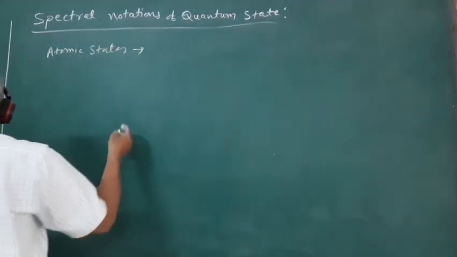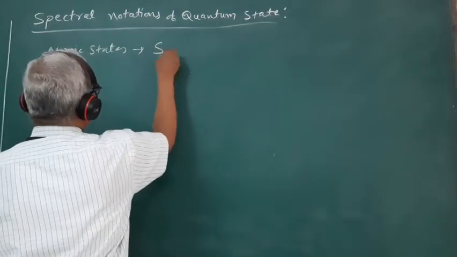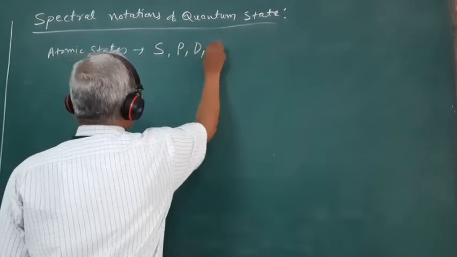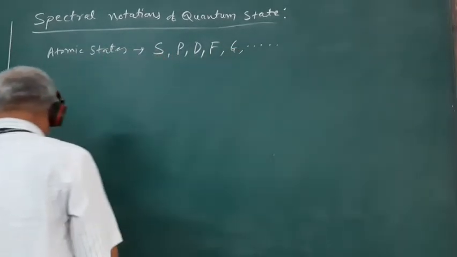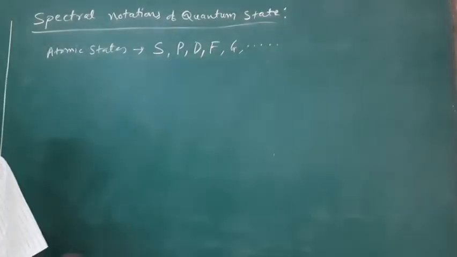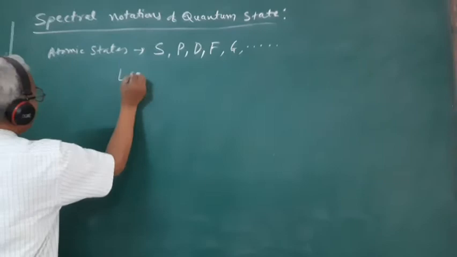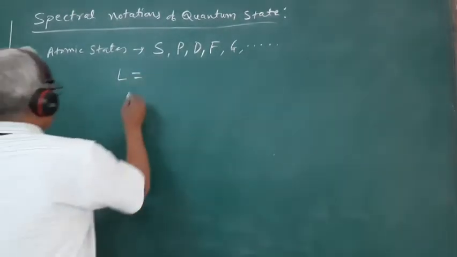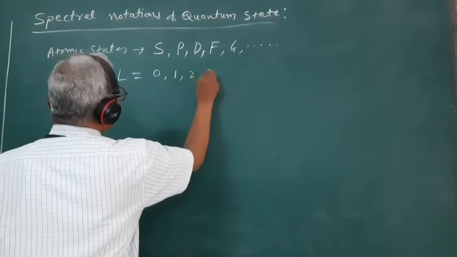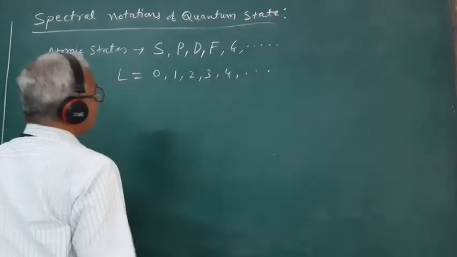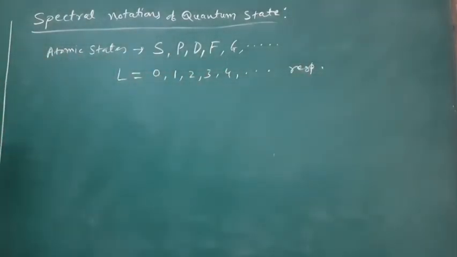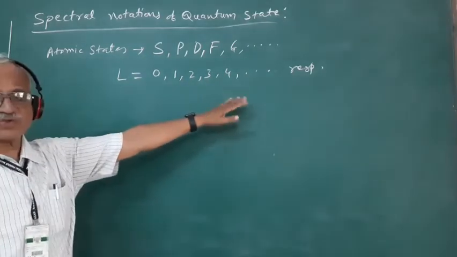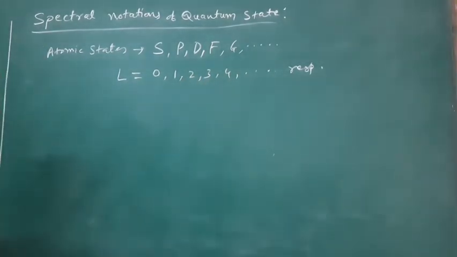Atomic states are denoted by the capital letters S, P, D, F, G, etc., which correspond to the values of L equal to 0, 1, 2, 3, 4, etc., respectively.